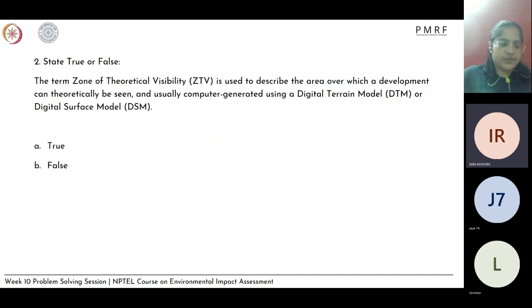So moving on to question 2, state true or false. The term zone of theoretical visibility, or ZTV, is used to describe the area over which a development can theoretically be seen and is usually computer generated using a digital terrain model, DTM, or digital surface model, DSM. So is this statement true or false?